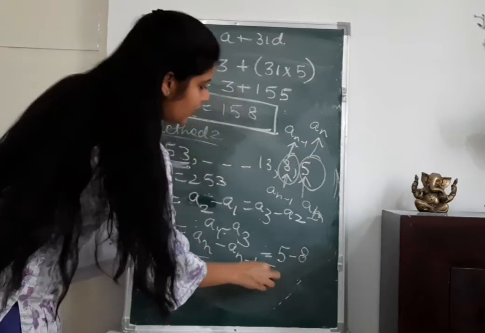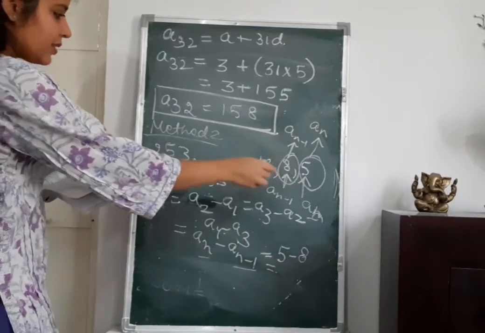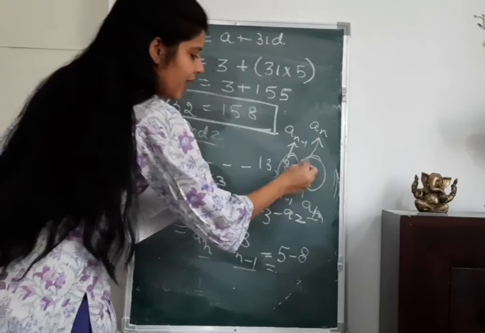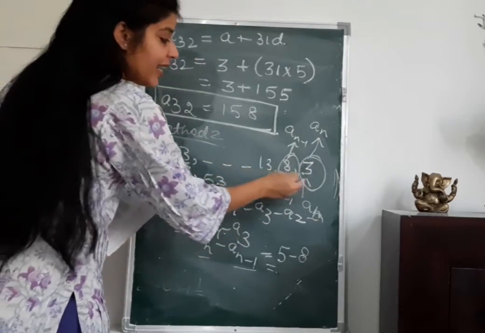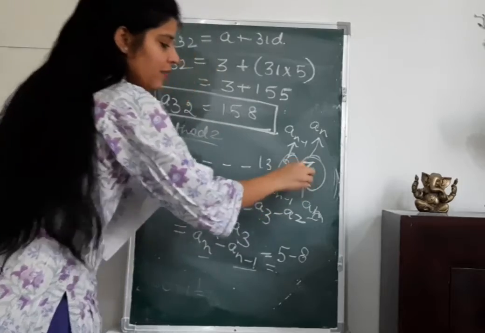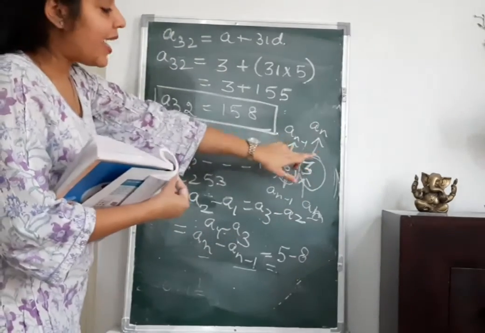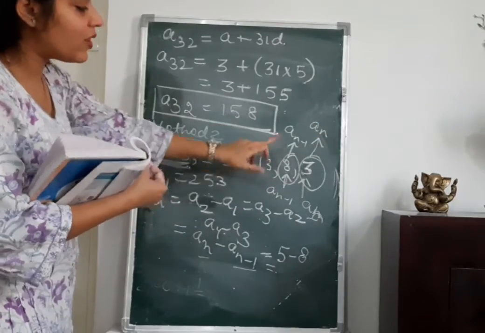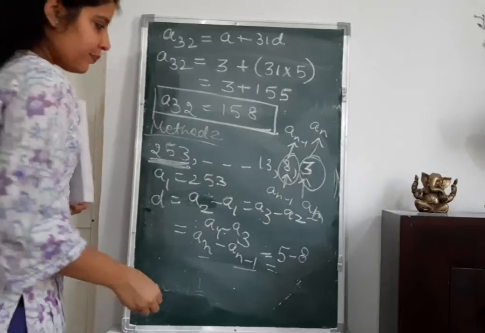That is equal to, this is 3. This is not 5. I have written the wrong value here. This was 13, 8 and 3. By mistake I have written 5. So this 3 will be the nth term of the series and this 8 will be the (n minus 1)th term of the series.